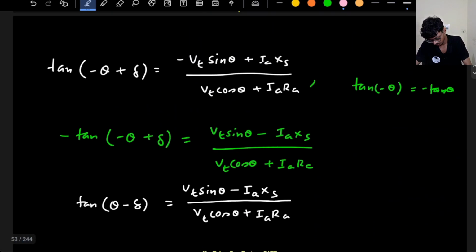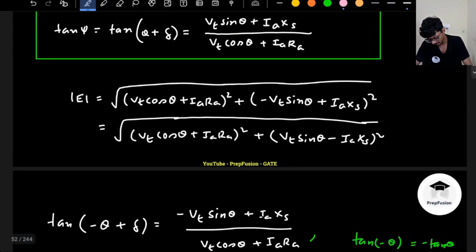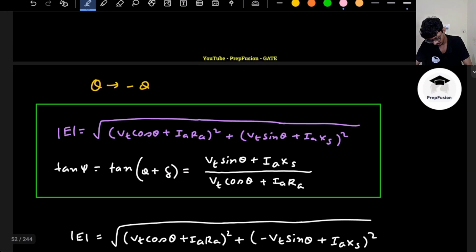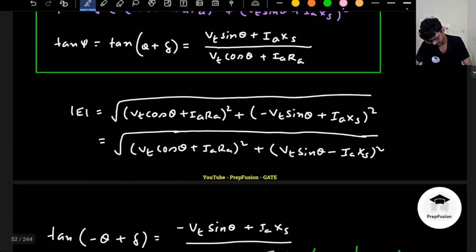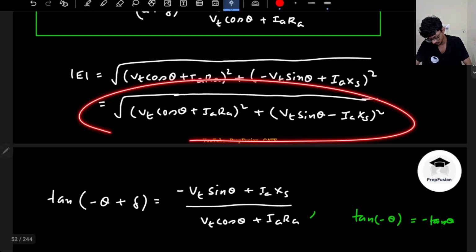For leading power factor, what will happen? Now if I break this down, what is the formula? The formula is here. This is the actual magnitude of E formula.